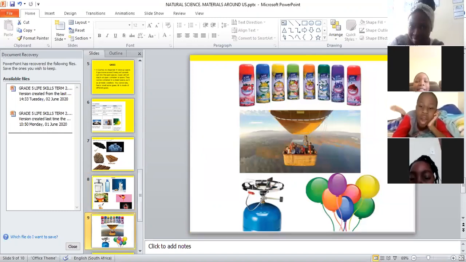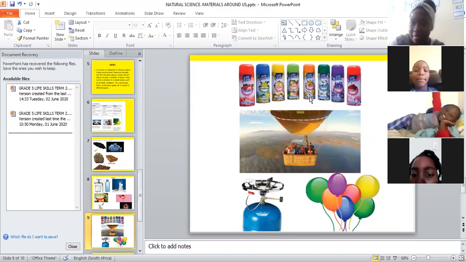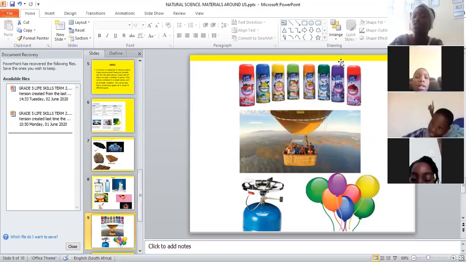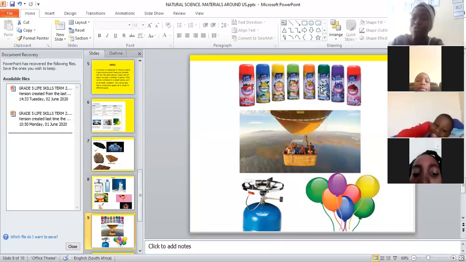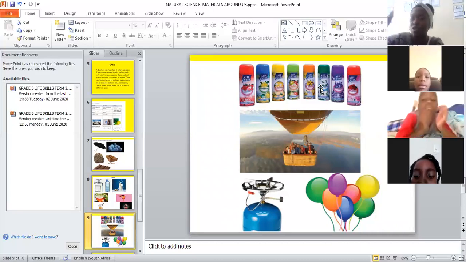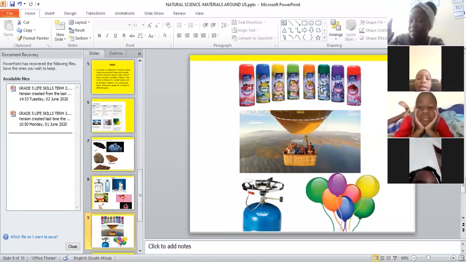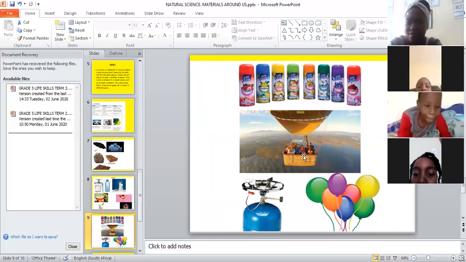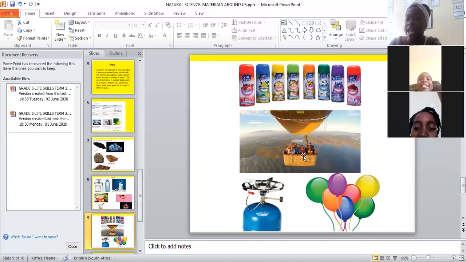So, number one, what are these? Spray cans. So that means, remember, like in class, when our sprays are in the bathroom, you use those sprays. They contain gas. Thank you. And then this one, hot air balloon, also contains gas.